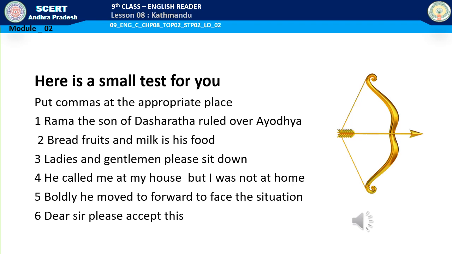Ladies and gentlemen, please sit down. He called me at my house, but I was not at home. Boldly, he moved forward to face the situation. Dear sir, please accept this.